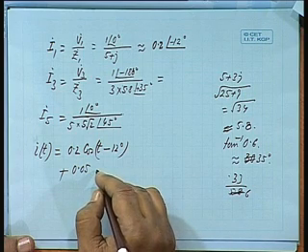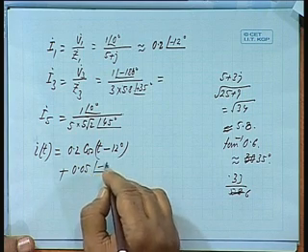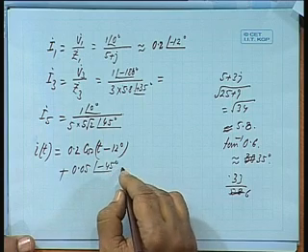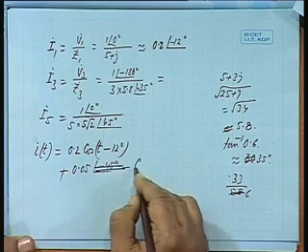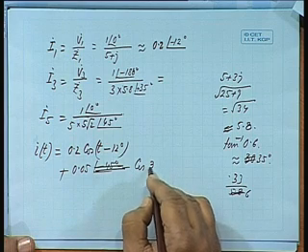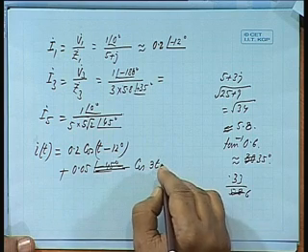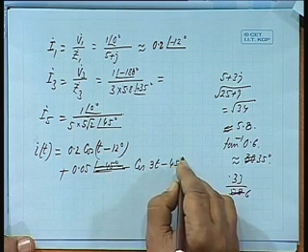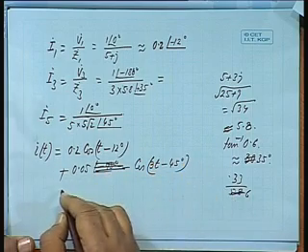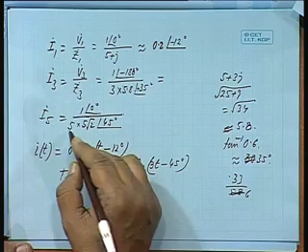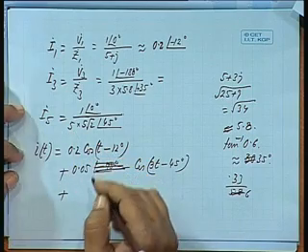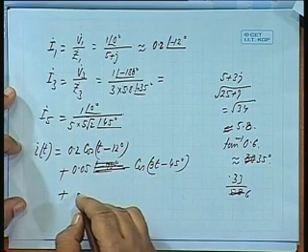Very crude approximation, a little more than 0.05, and an angle of minus 45 degrees, sorry, 0.05 cosine 3t minus 45 degrees.